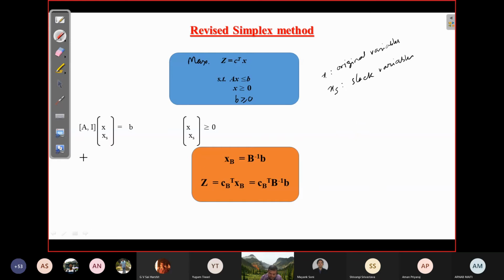Now from this [A I], suppose you have 3 constraints. If you have 3 constraints, that means you can solve only for 3 variables, so the size of the base will be 3. If I consider a subset of that size, we call it a base. So essentially from [A I] I choose a base B, which is a subset of [A I].